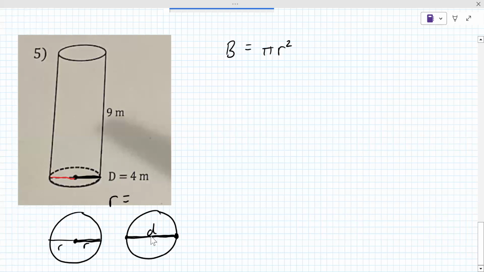Is it bigger or smaller than the diameter? Bigger. I'm at a loss here for what to do, because in the picture I've drawn, the circles are approximately the same size.